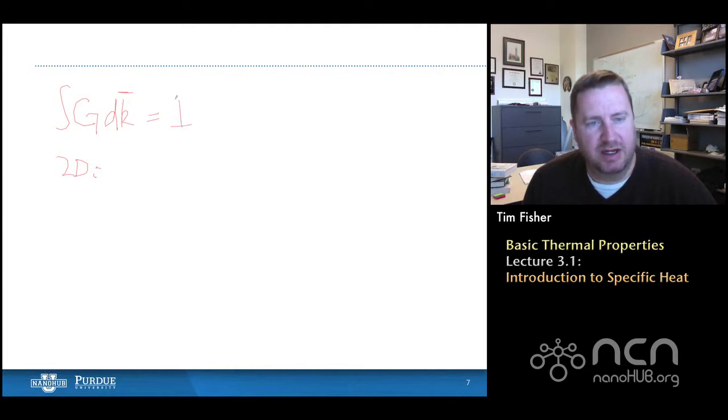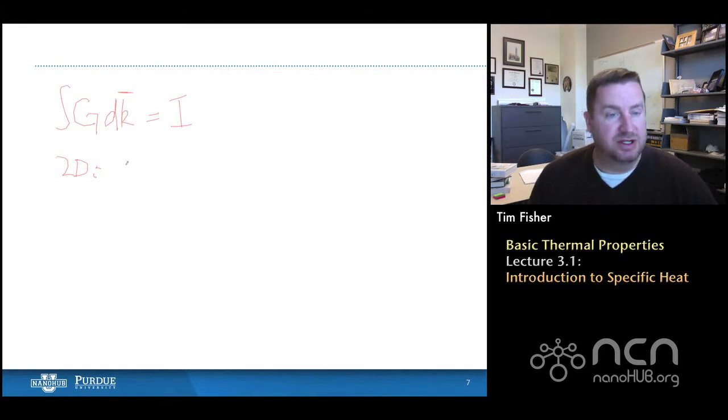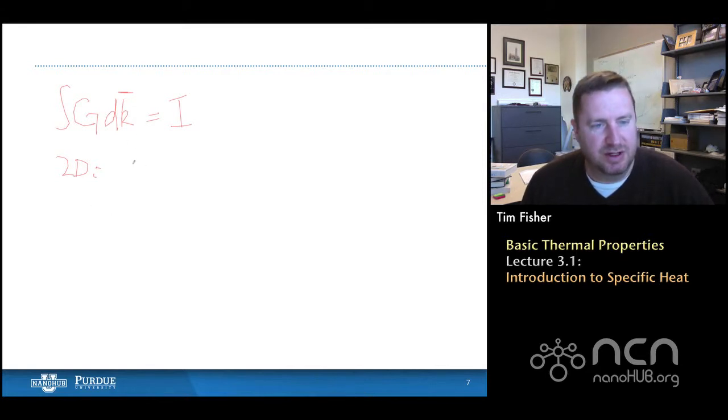we will write it in radial coordinates instead of in Cartesian coordinates. So this integral, I, we will write as the integral of g, and then a two-dimensional integral in radial coordinates, we will write it as 2 pi, the circumference of a circle in k-space.